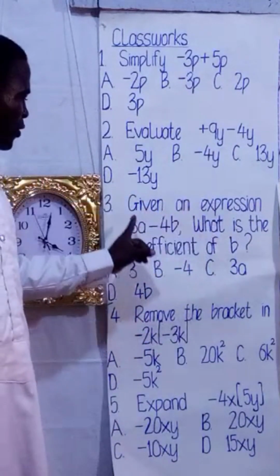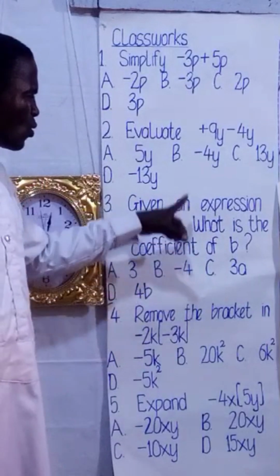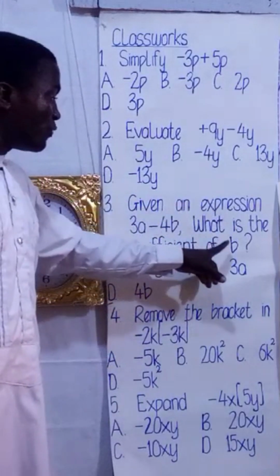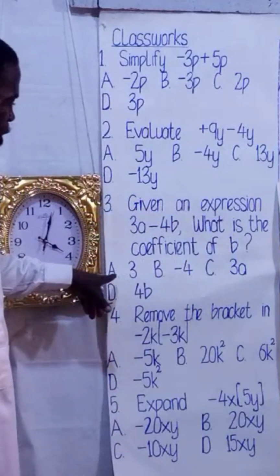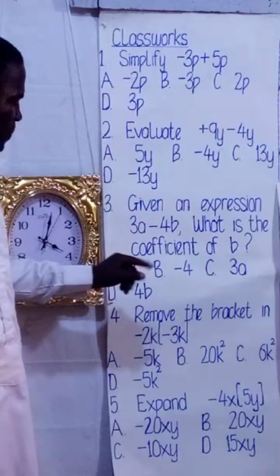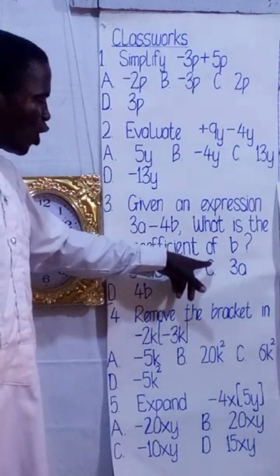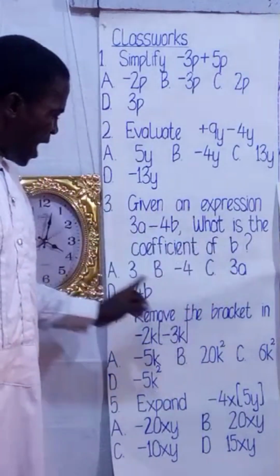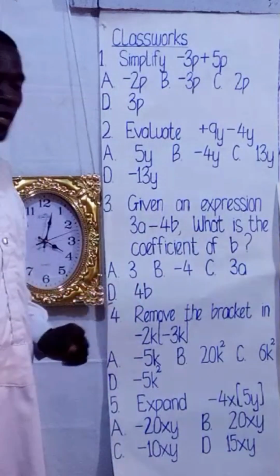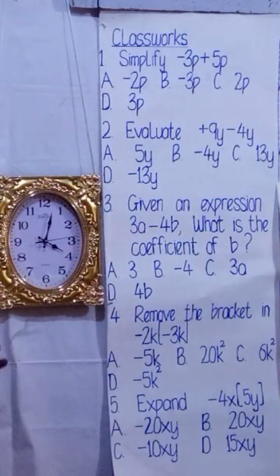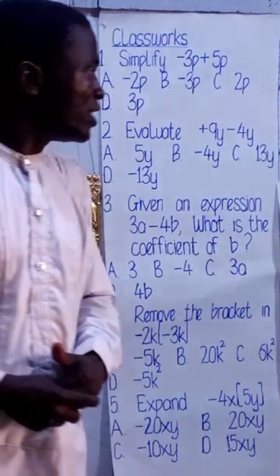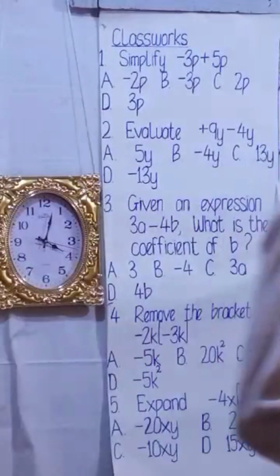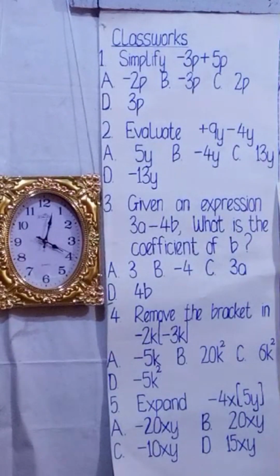Option A, 3. Option B, minus 4. Option C, 3a. And option D, 4b. You have 1 minute to get it done. Make sure you work very, very fast. The time is counting.